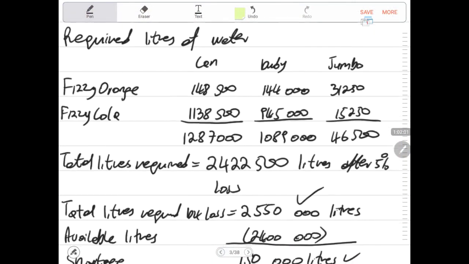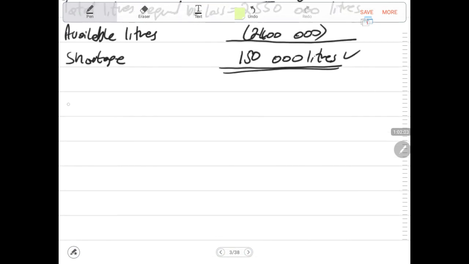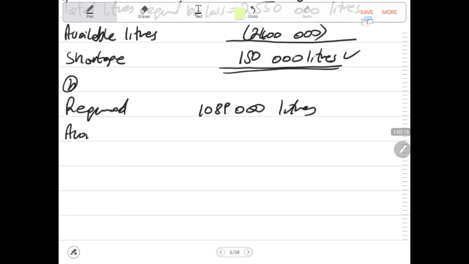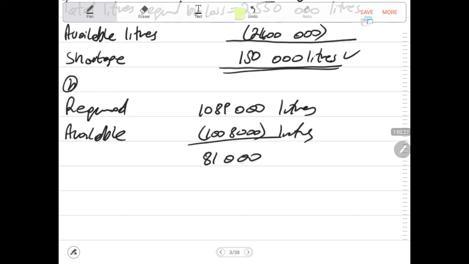Then let us say required, this is our question B, required is 1,089,000 liters, available is 1,008,000 liters, then 81,000 is a shortfall.